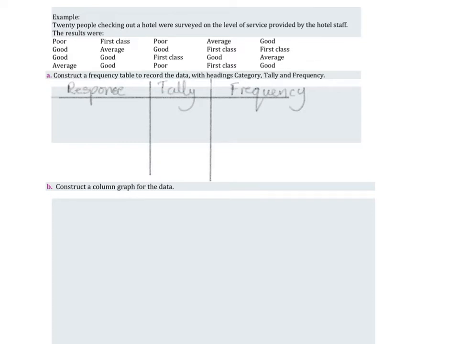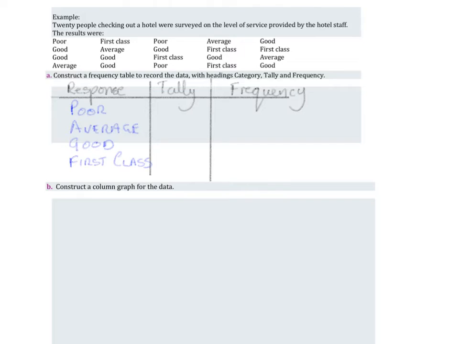So the table is set up and the 3 columns are response, tally and frequency. And of course, under response now, we put all of the categories that were responses. And of course, our 4 responses are poor, average, good, and first class.